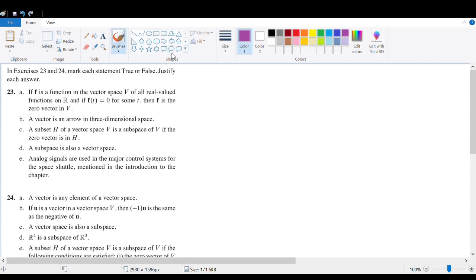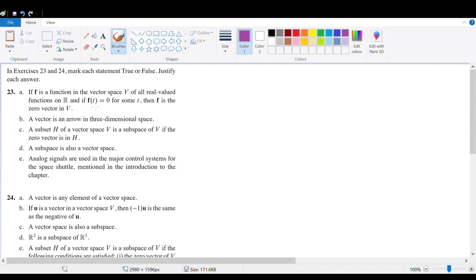In exercises 23 and 24, mark each statement true or false, and justify each answer. A: If f is a function in the vector space V of all real-valued functions on R, and if f(t) is equal to 0 for some t, then f is the zero vector in V. This one cannot be true.